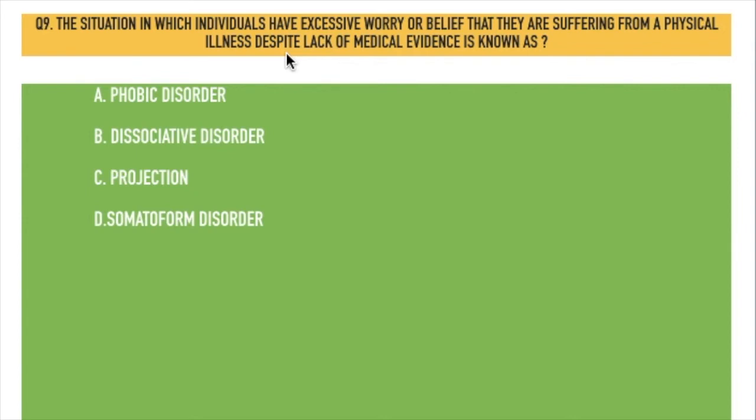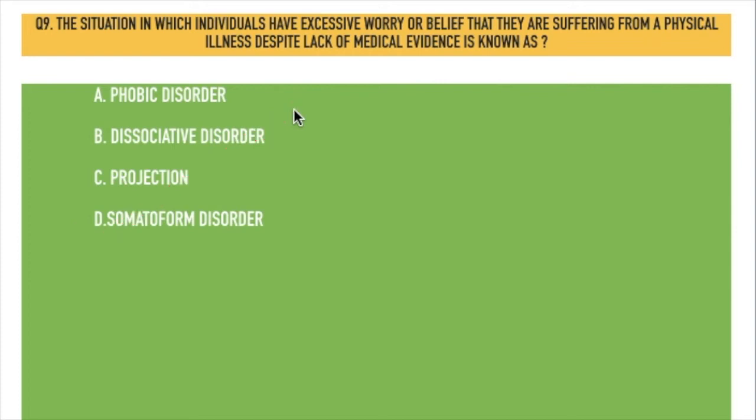All the investigations will be negative, normal, but the patient thinks that he is having some serious illness, and that is known as somatoform disorder. Option D is the answer.